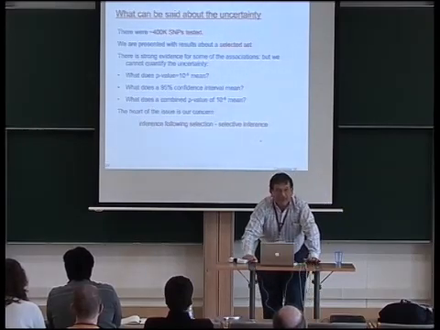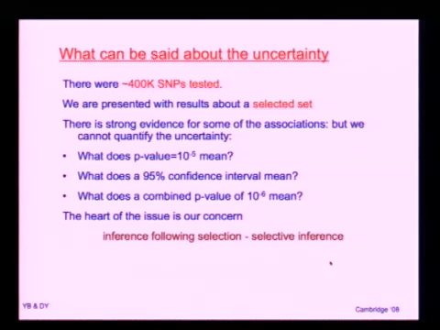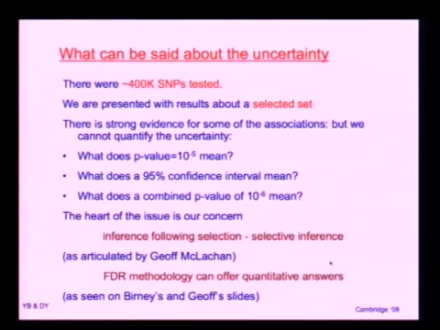So the heart of the issue that I would like to discuss today is that we should be concerned about inference following selection. And I think this point was made very well yesterday by Jeff, that this is the heart of the issue, and what I would like to argue is that FDR methodology can offer quantitative answers to all of these problems.